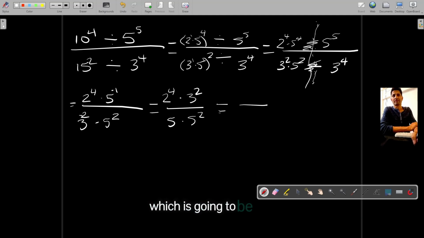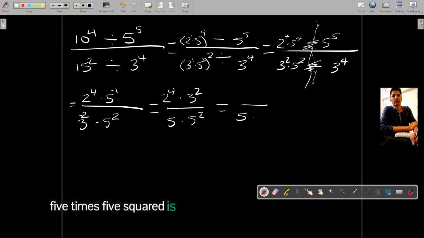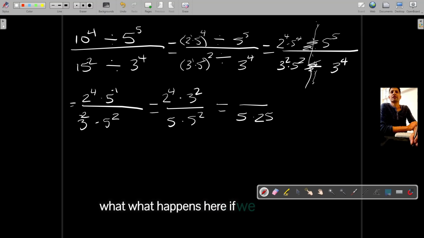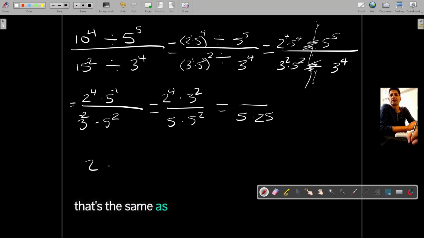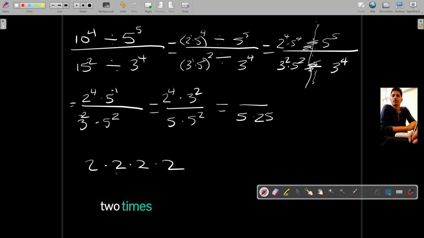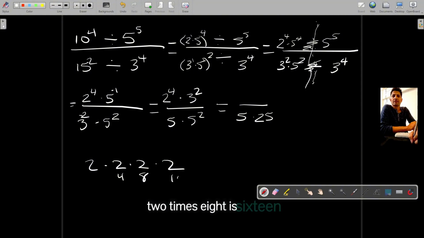Let's move on to the next step. 5 times 5 squared is going to be 5 times 5, 2 5s, right? 5 times 5 is going to be 25. And if we got 4 2s, that's the same as 2 times 2 times 2 times 2. 2 times 2 is 4. 2 times 4 is 8. 2 times 8 is 16.